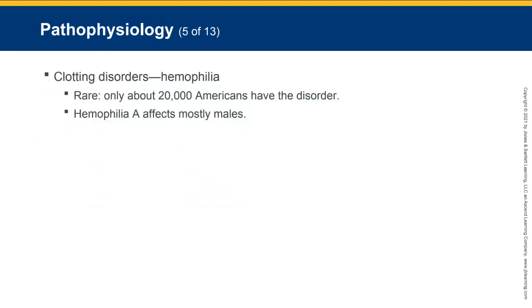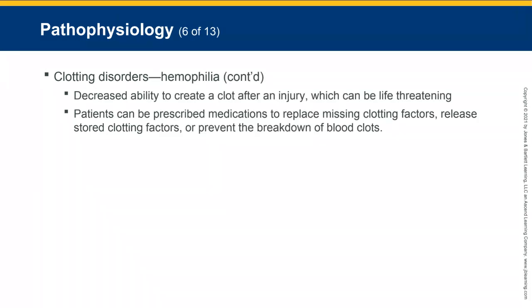All right, now let's look at clotting disorders or bleeding disorders. Hemophilia, rare. Only about 20,000 Americans have the disorder. Hemophilia A affects mostly males. These are patients who have issues with their blood clotting.